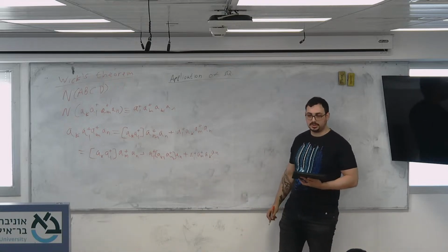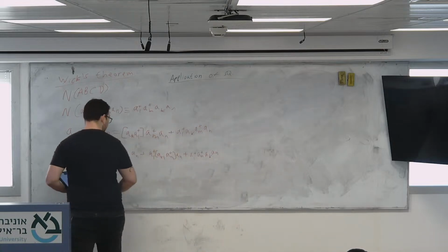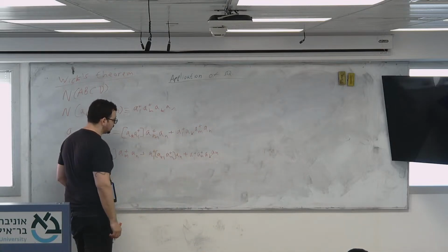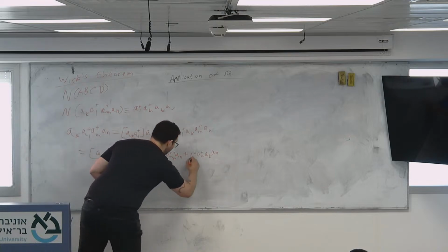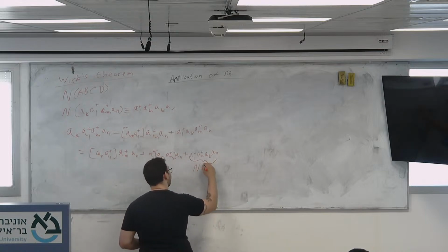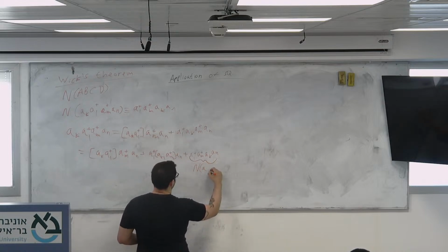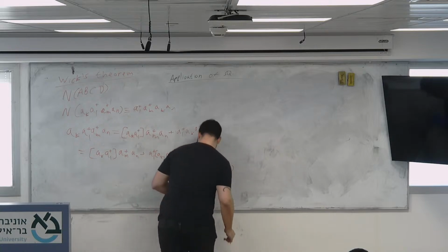Notice that I'm going to stop right here because this is normal order already. This is normal order, all of our different elements of the models. And the final one here will be N of a_k, a_l†, a_m†, a_n.